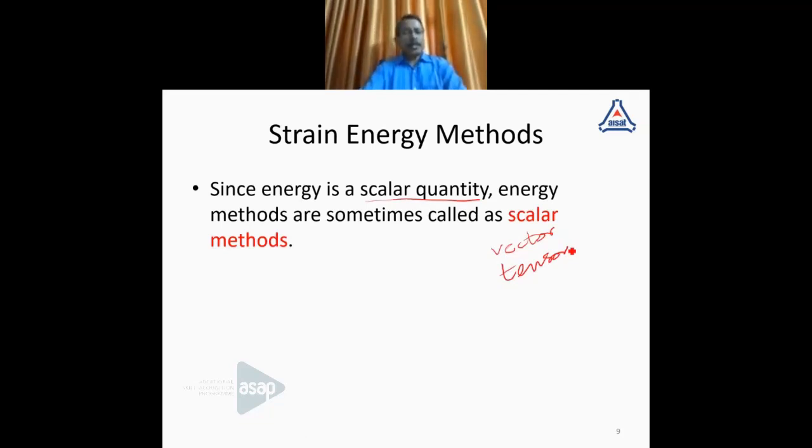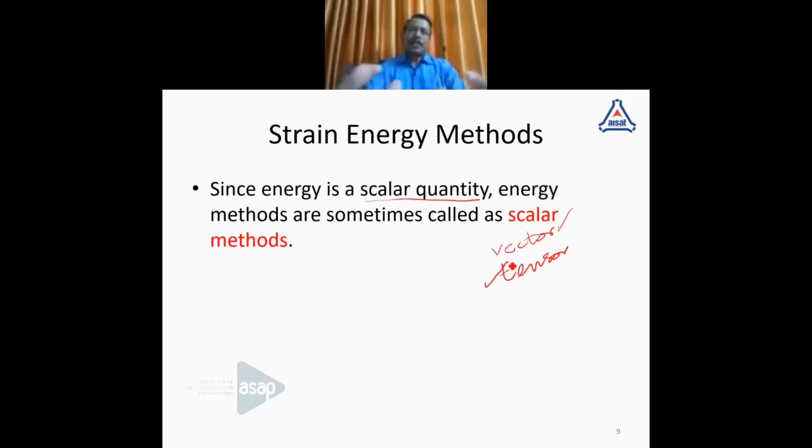So when you are using vectors in certain calculations, certain equations, you know what are the complications involved. And instead, if you are using tensor, again, for certain people, the tensors will be easy because it is easy for computation.